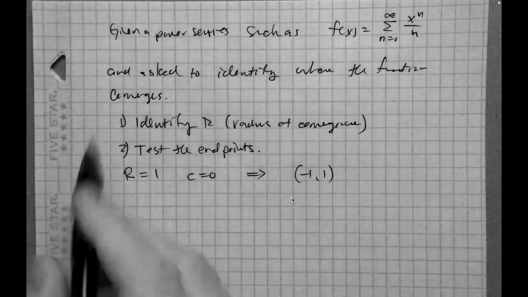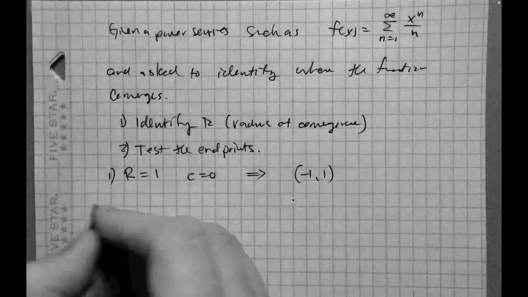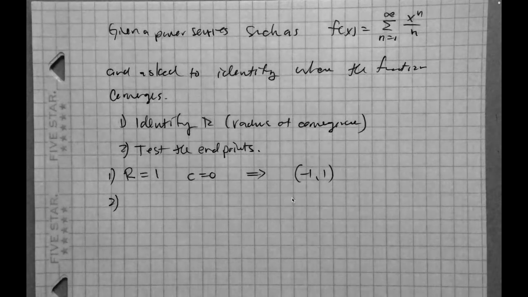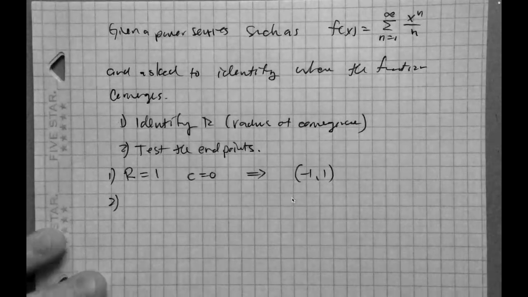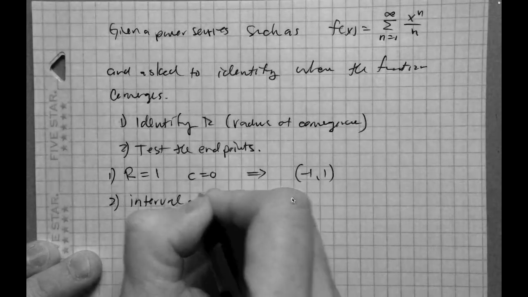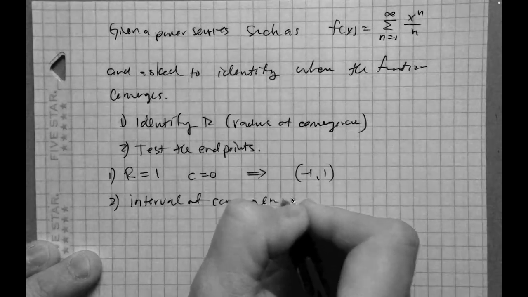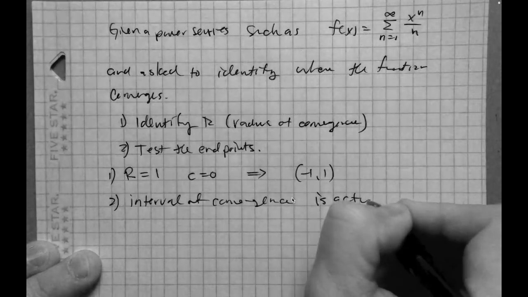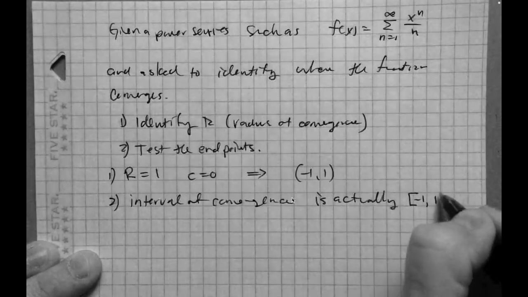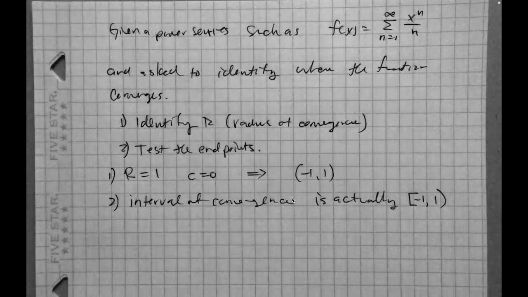That would be item 1, and then in item 2 we would notice that the lower endpoint produces convergence as well. The upper endpoint does not. So the interval of convergence is actually -1 inclusive up to but not including 1. Okay, that's where we left off.